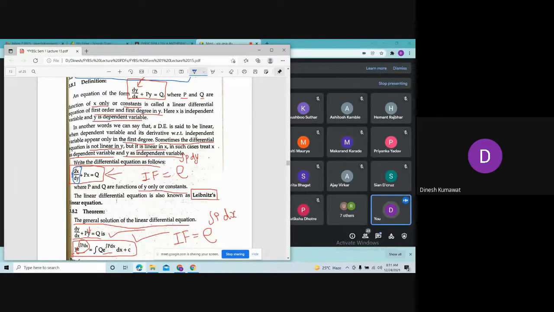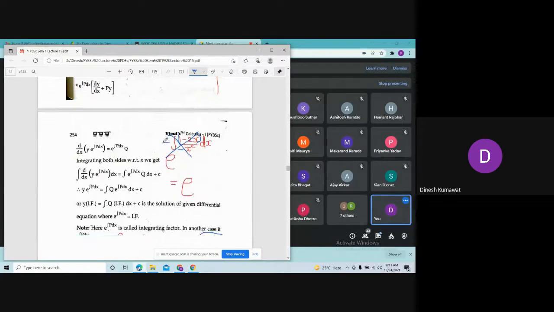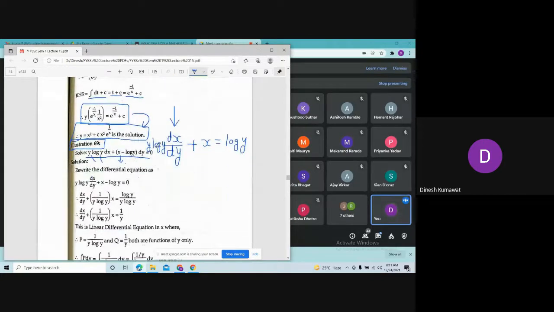So whatever comes before it, we will divide the whole equation by that, so that the coefficient of this term is maintained as 1. So here it is y log y, so you just divide the whole equation by y log y. So you'll end up in this situation.